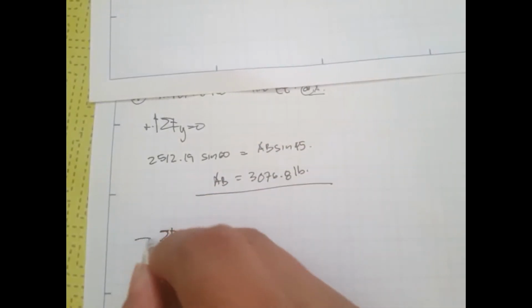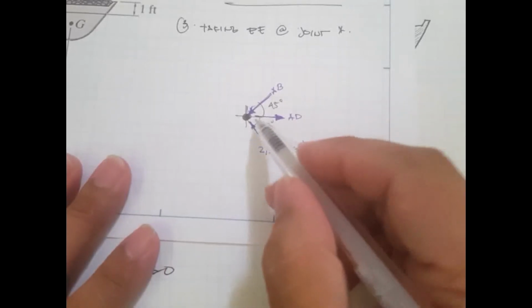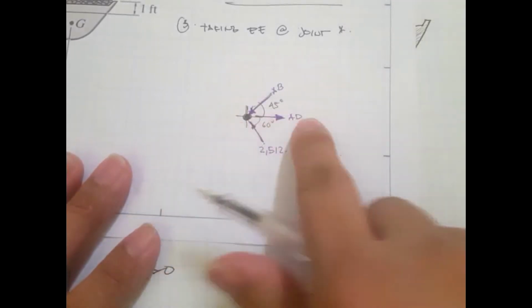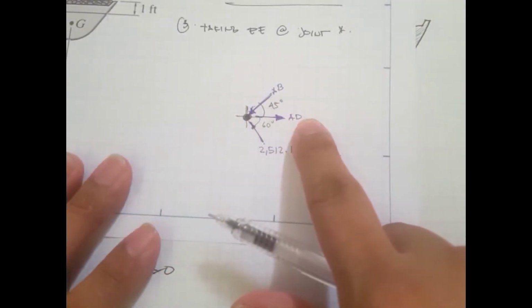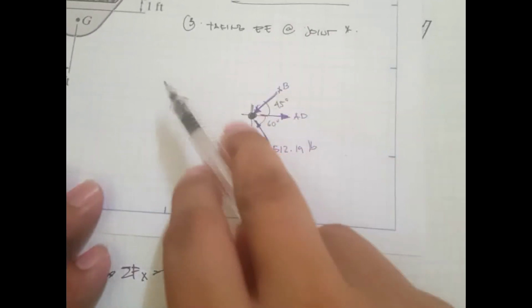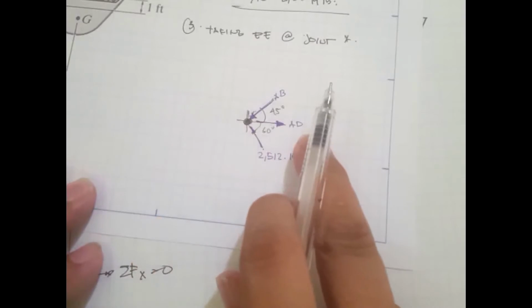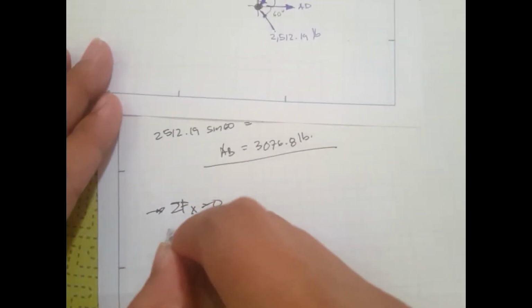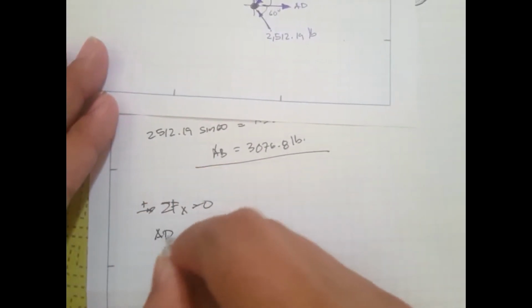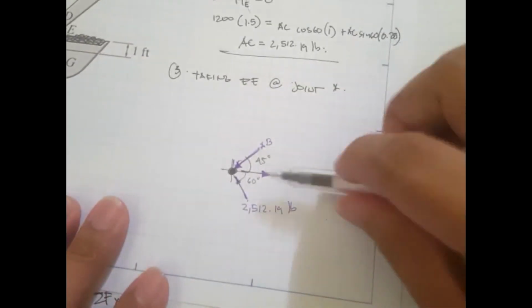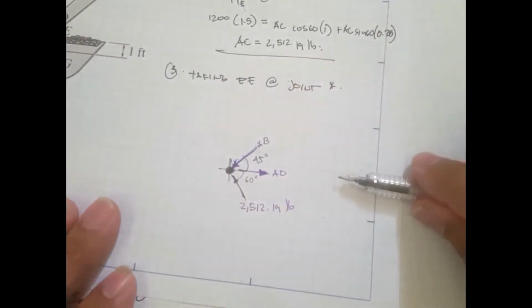And then the summation of forces x is equal to 0. So we have this x component, AD. So this is the only direction to the right. So AD is equal to all the forces to the left.